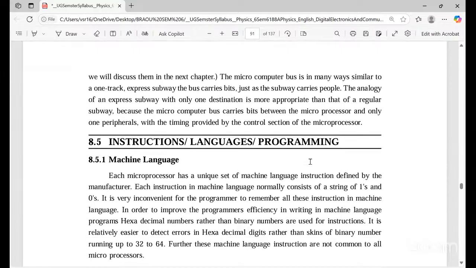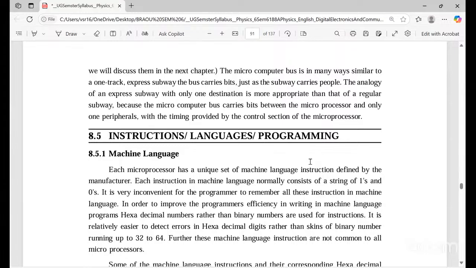So the microcomputer bus carries bits between the microprocessor and IO peripherals, and timing, which is provided by the control section of the microprocessor.